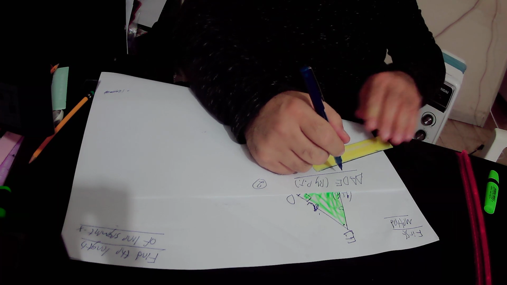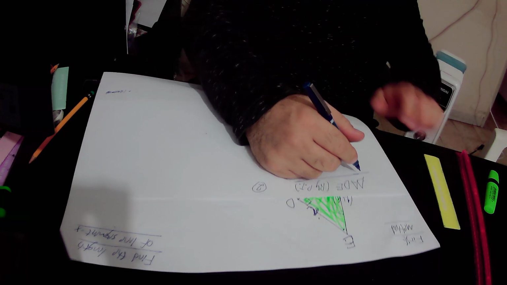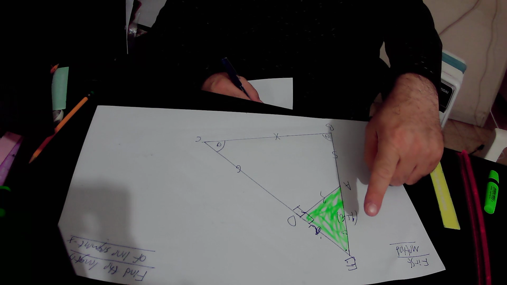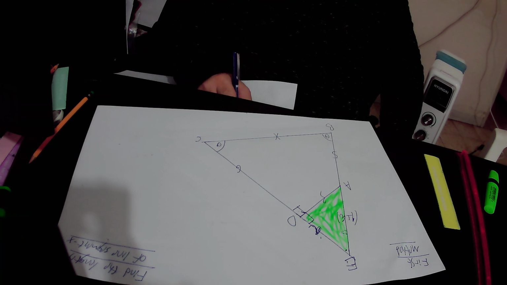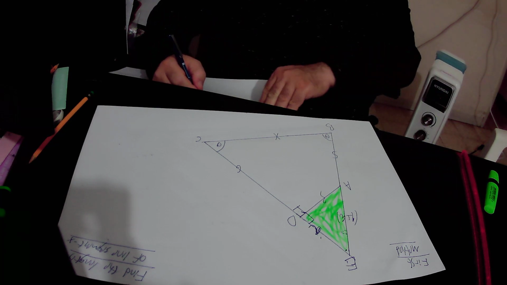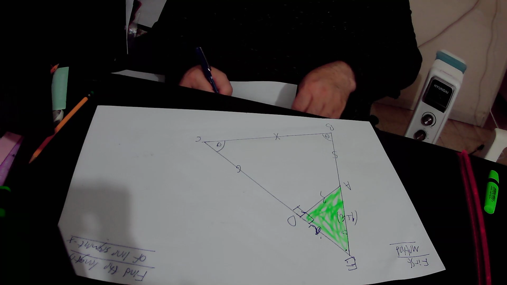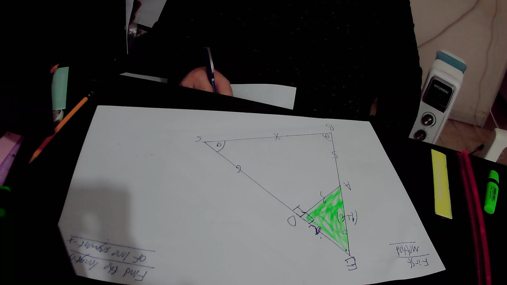According to the Pythagoras theorem, the square of the hypotenuse equals the sum of the squares of the perpendiculars. The hypotenuse is AE, so the square of the hypotenuse is AE squared, and it must be equal to the sum of the squares of the perpendiculars. That is to say, it must be equal to AD squared plus ED squared.